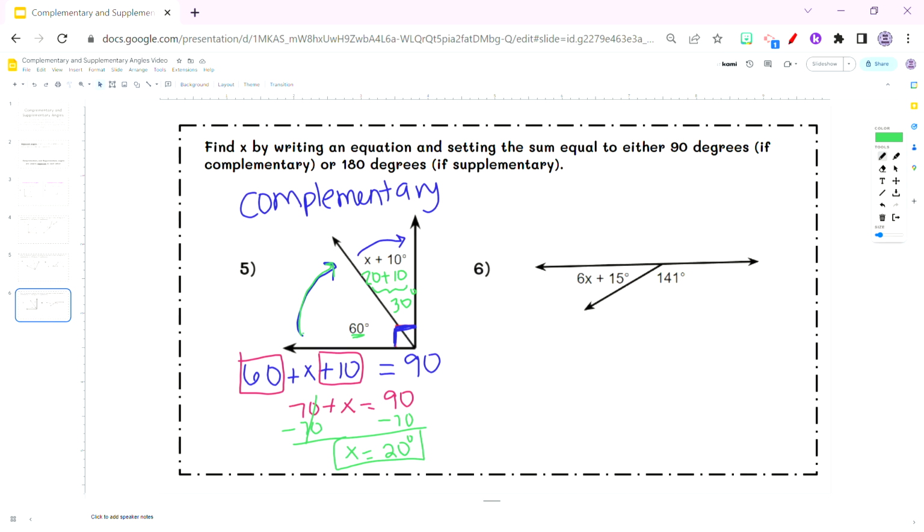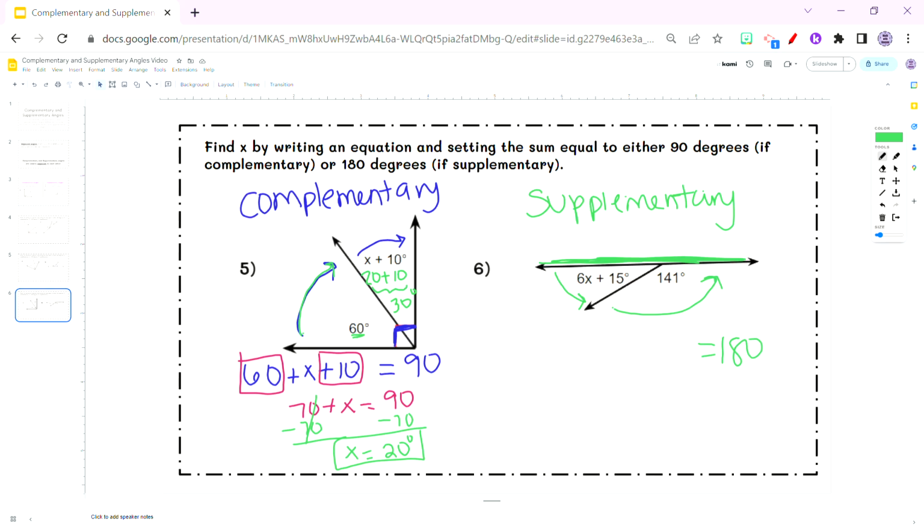All right, and then number 6, you'll notice that this angle and this angle both form this straight line. So that means that these angles are supplementary. They add up to 180 degrees.